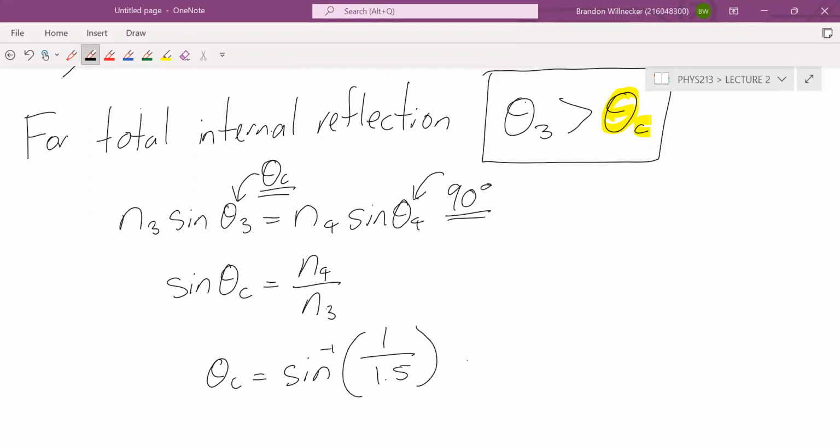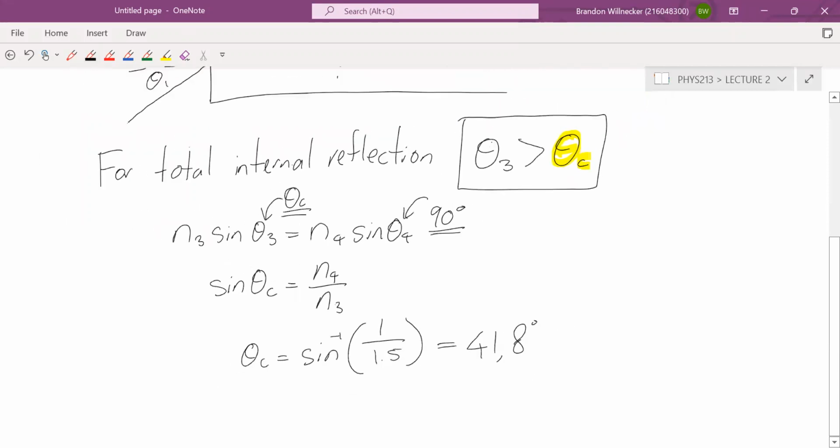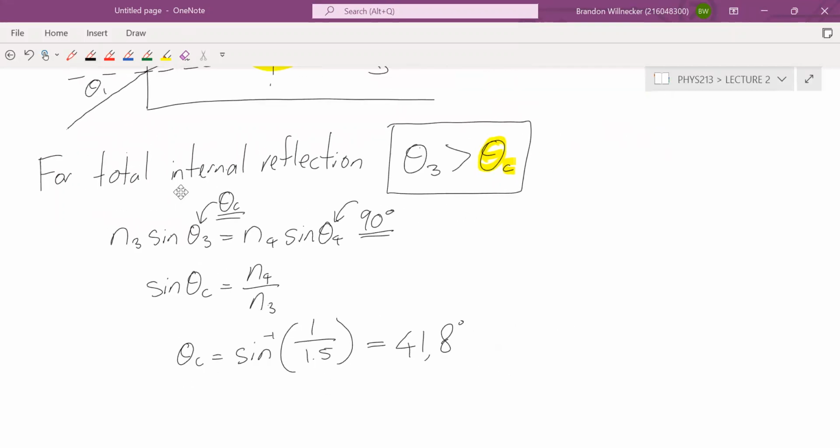Okay, and then you can just check on your calculator. This gives us a critical angle of 41.8 degrees. Okay, and this will be universal for any glass to air transition. So it doesn't matter what the thickness of the cable is or the length of the cable. It's universal for glass to air transitions. So just keep that in mind for later.